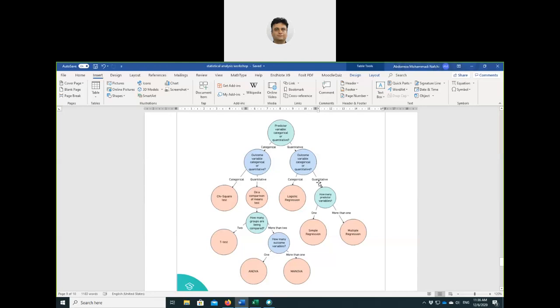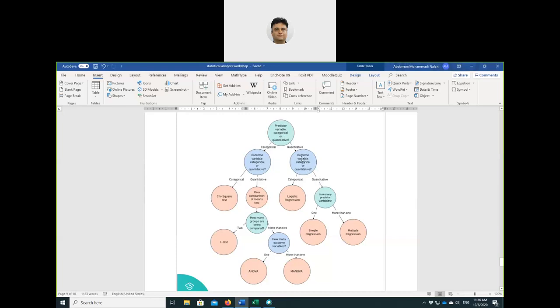If both are quantitative, for example we are measuring weight over height, we want to make sure that both are quantitative, with different weights and different heights.